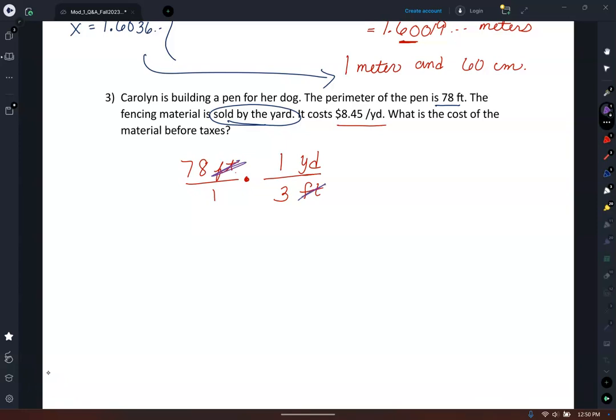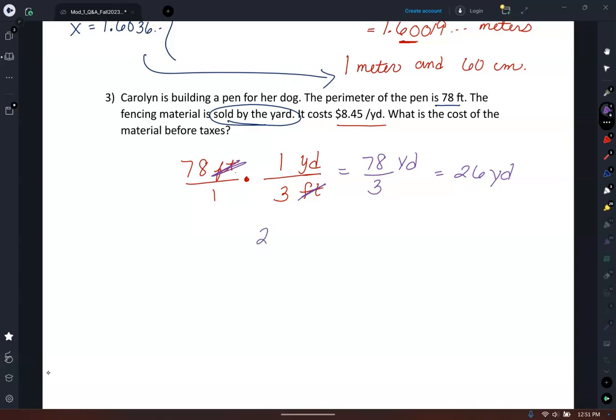And then I can simplify ahead of time if I want, or I can just multiply across the top like I've done before, multiply across the bottom. 78 over 3 gives me 26. So that would be 26 yards. Now, if that came out to a decimal, like say it was 26.1, I would need to still go up to the next highest yard.